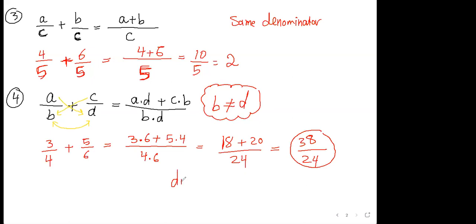Here, different denominator, the same denominator. Okay. Now, last property. Any question before I move?